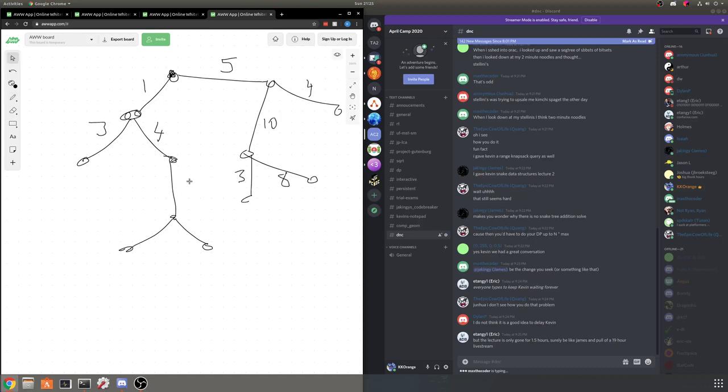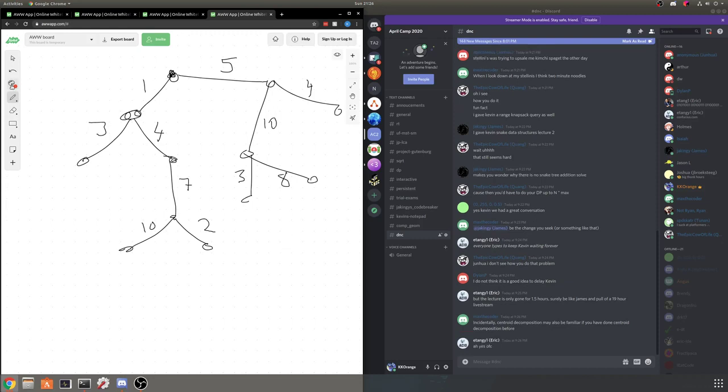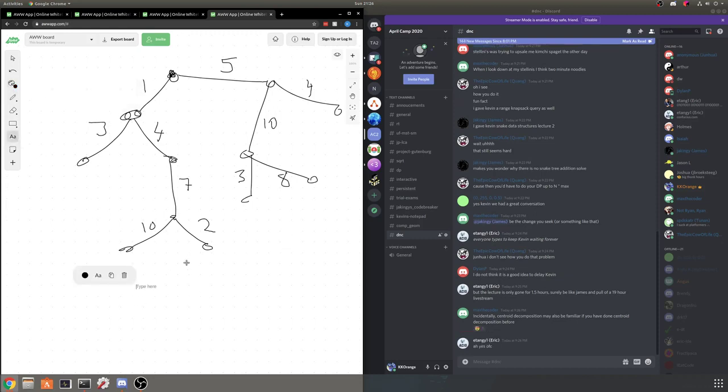And my question to you is, does there exist a path in this tree that has weight exactly k? So for example, if k equals, let's say, 22, then the answer is yes.